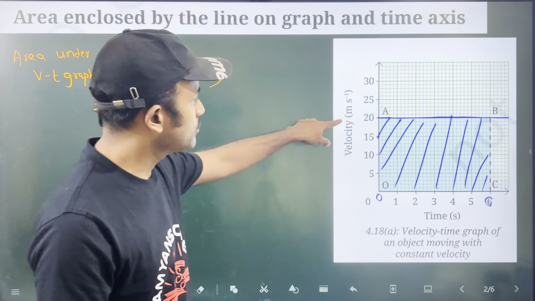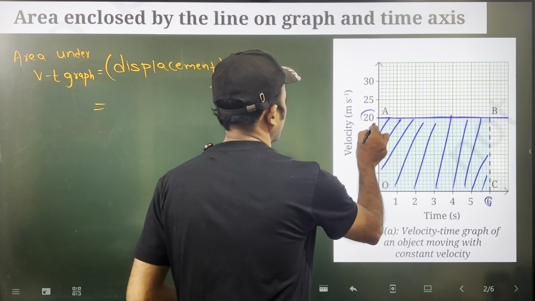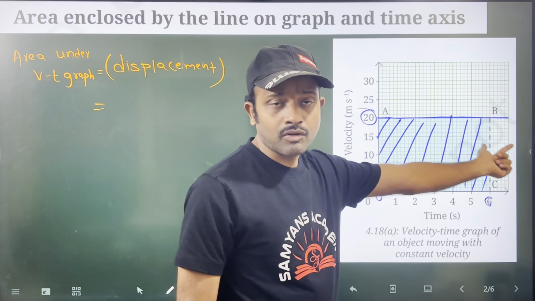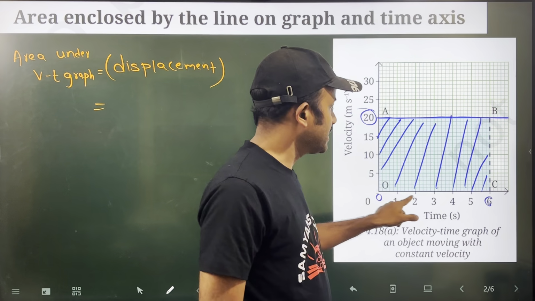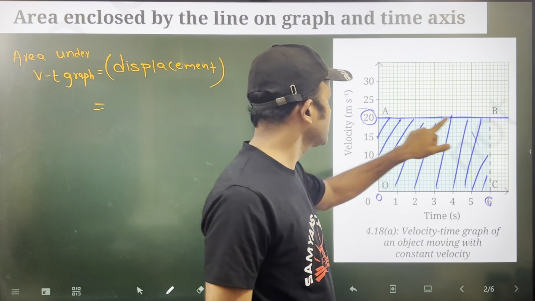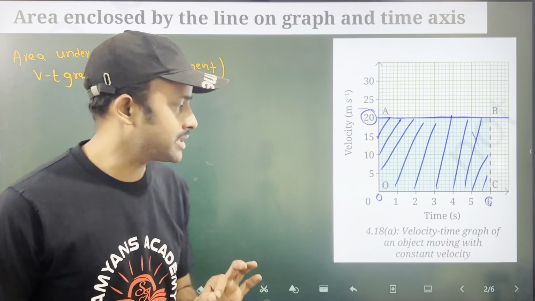Now this object is moving with constant speed, that is 20 meter per second. How are we saying the object is moving with constant speed? With increase in time, the value of velocity is not increasing, it is showing a constant value at any time, right? So that is showing 20 meter per second.